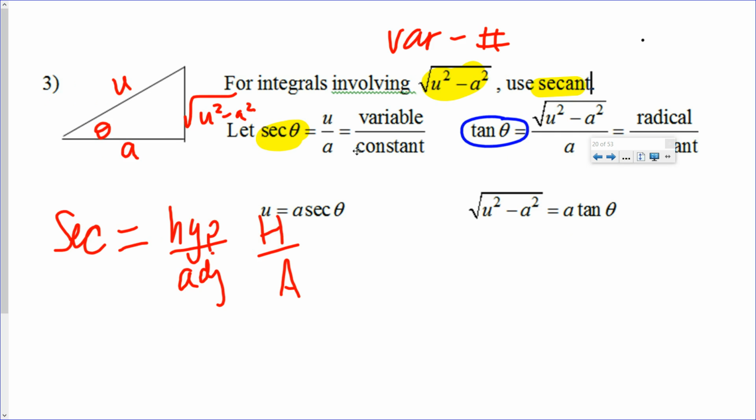Just FYI, these are things you just remember. You only have 3 choices: a sine problem, a tan problem, or a secant problem. If it's sine, you also do cosine. If it's tangent, you also do secant. If it's secant, you also do tangent. And we're going to have to memorize all of our trig, SOHCAHTOA things again.